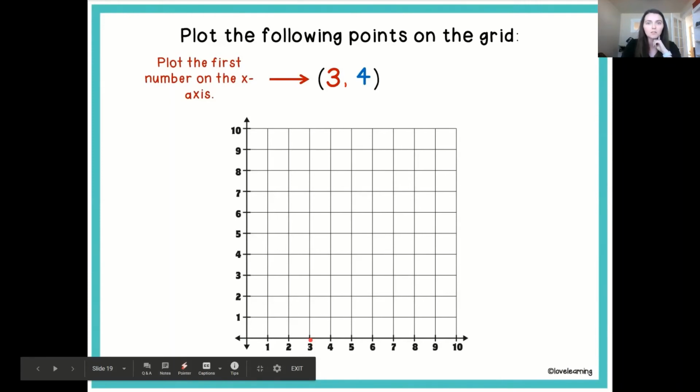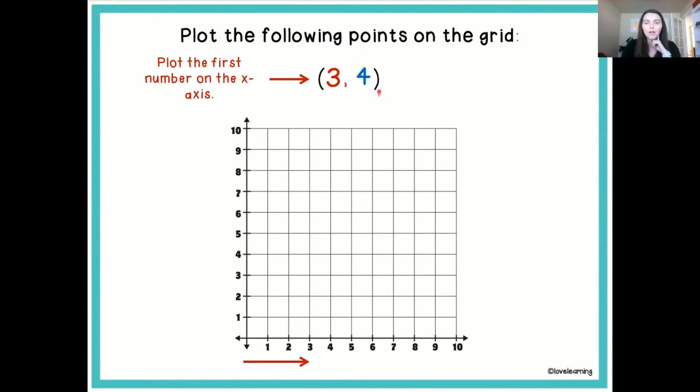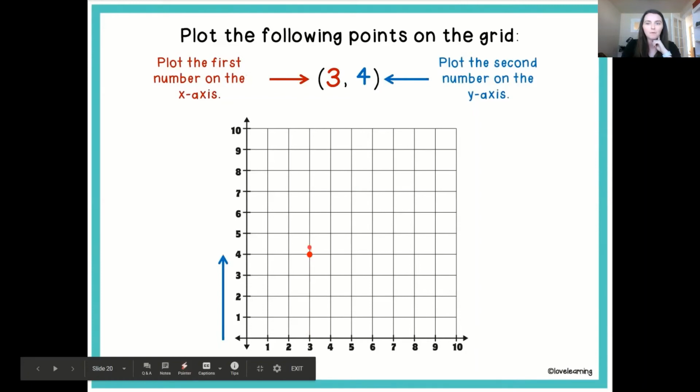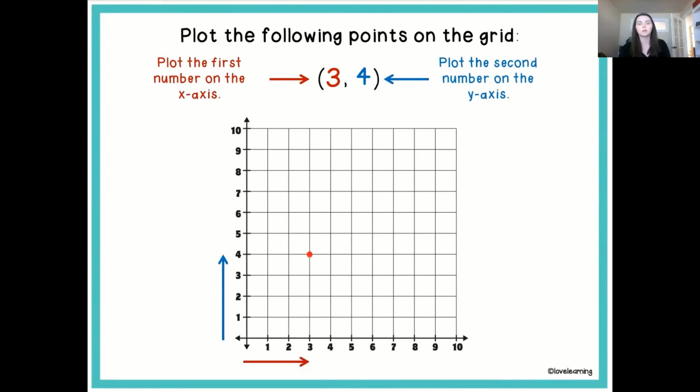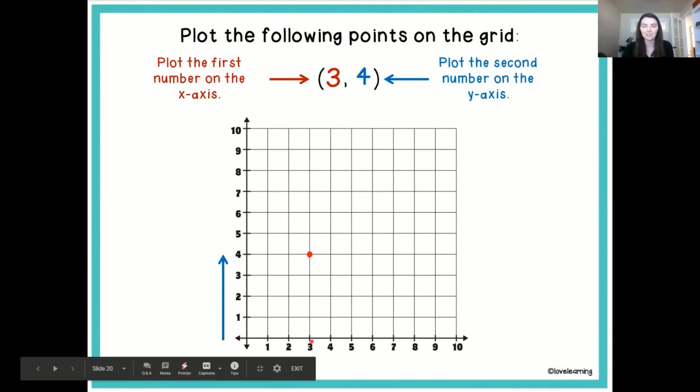And then you're going to look at your y-axis and you are going to jump up 4 and plot your point there. So sometimes it's nice to give yourself reminders of, if you're going to run over 3, you give yourself a little tick mark here and then you jump up to the 4th spot.